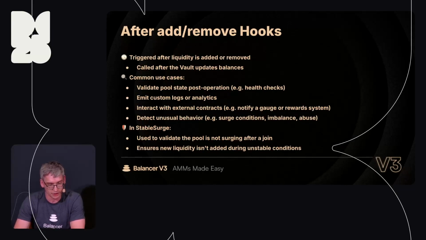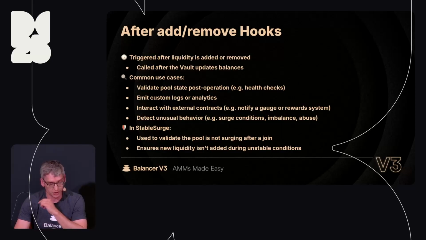The other hooks that this particular stable surge hook uses are the add and remove hooks. So these are triggered after an LP adds or removes liquidity. And it's important to note that this function gets called with the updated balances from the vault for that pool. So it can be used to validate the pool state. You can emit custom logs or analytics.